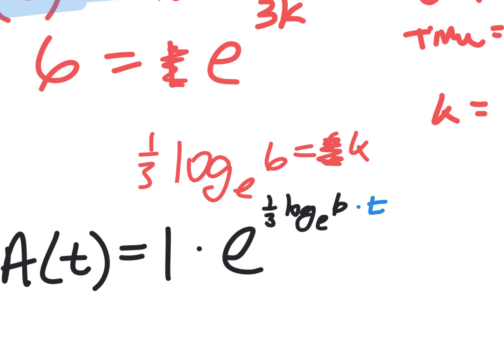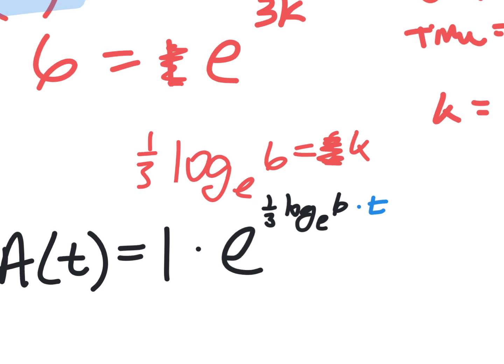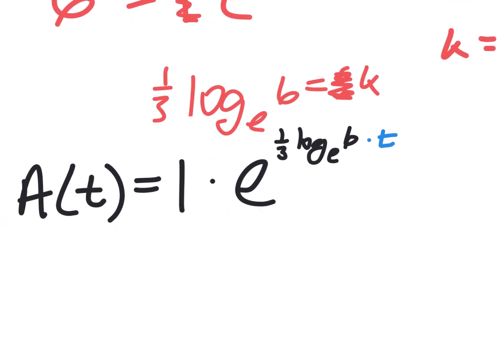And then that t can go to the front. I'm not going to even simplify it from here because of time, but I would have accepted this answer. This is the equation with the k put in, and that is good enough.